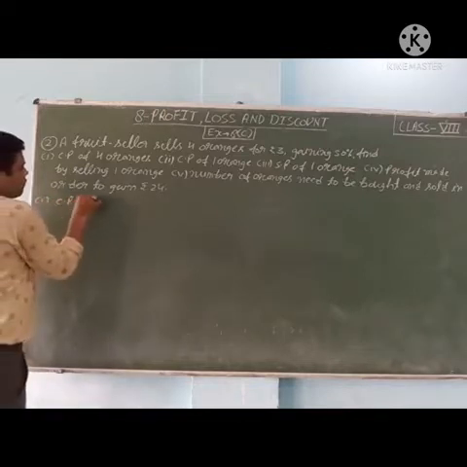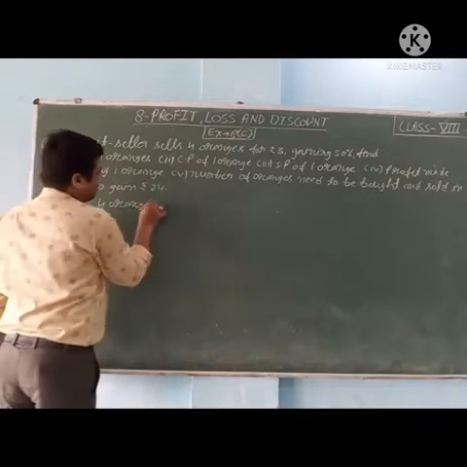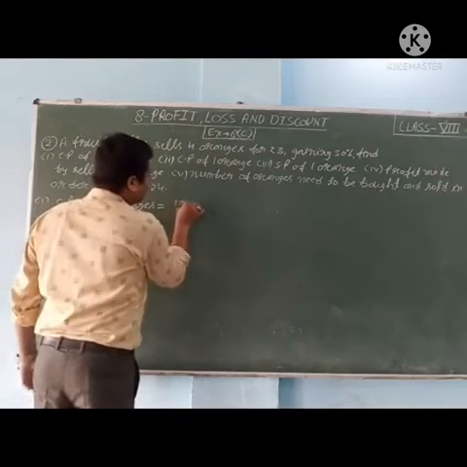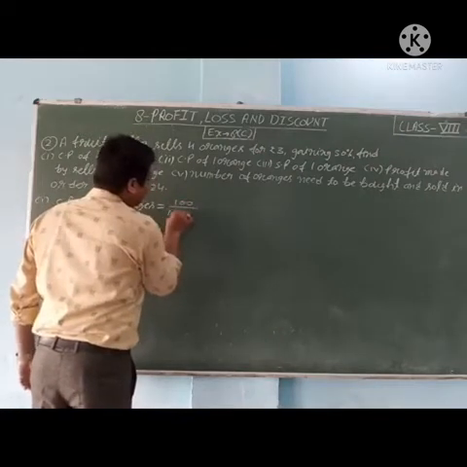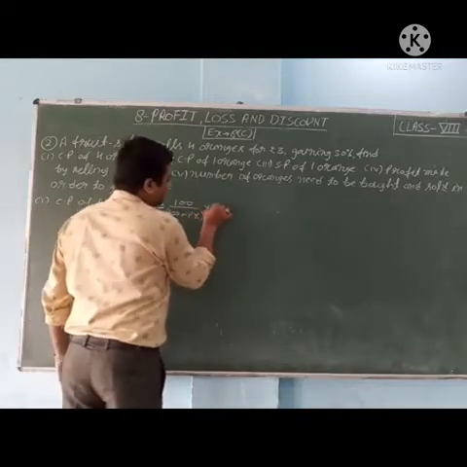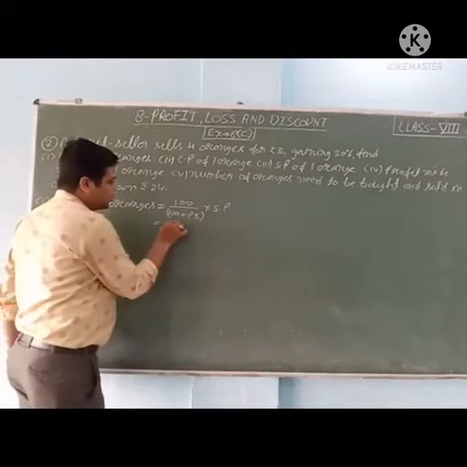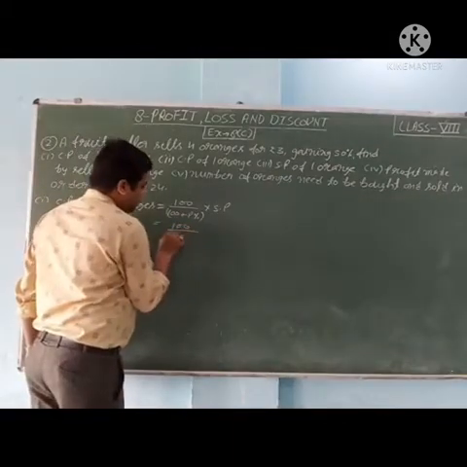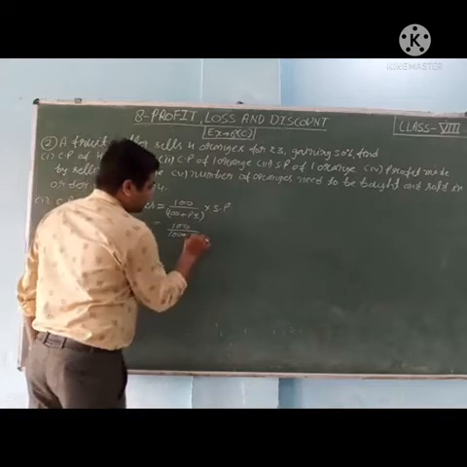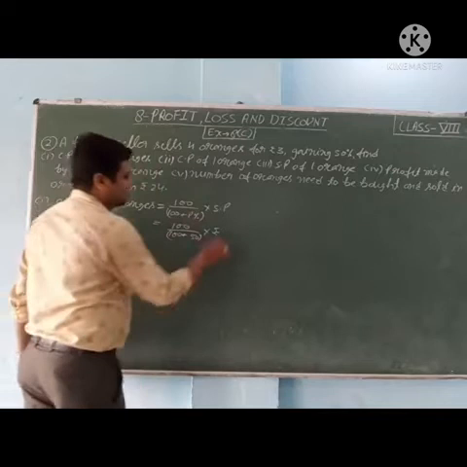CP of 4 oranges is equal to, what is the formula? 100 upon (100 plus profit percent) multiplied by selling price. So 100 upon (100 plus how many percent profit? 50) multiplied by the selling price, that is given, ₹3.